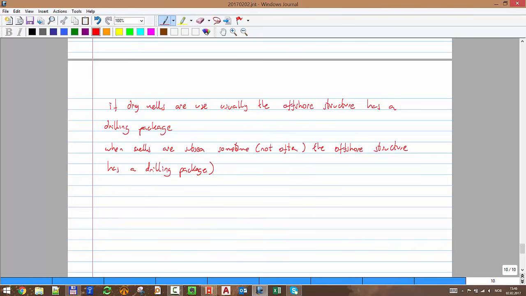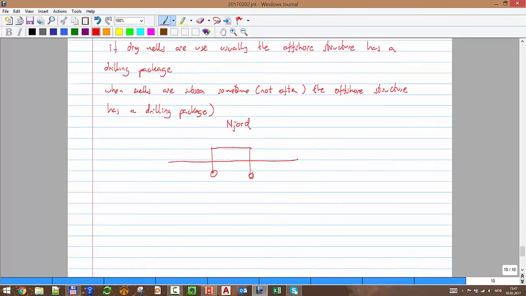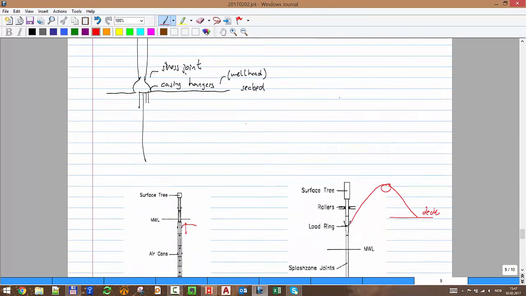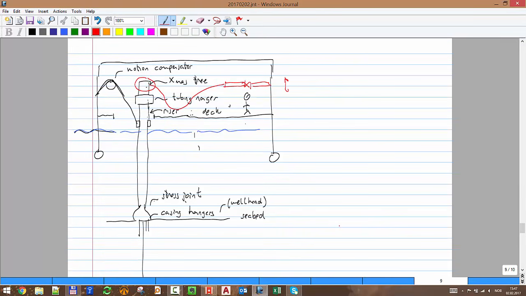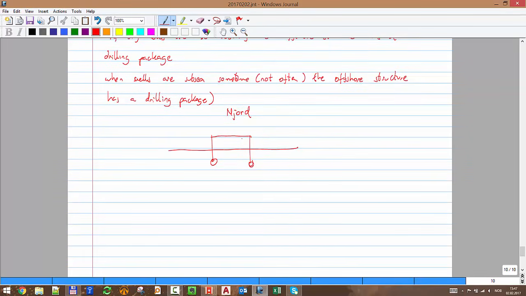Okay, and that's, for example, in the case of Njord, that they have a semi-sub. Okay, so here I shouldn't have put a semi-sub, but this is, yeah, a spar. Okay, but you understand.